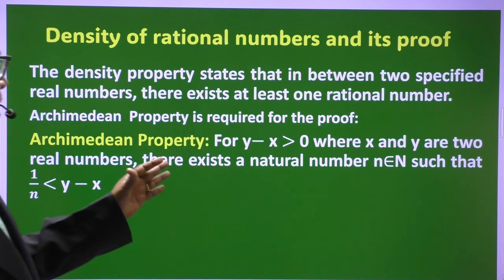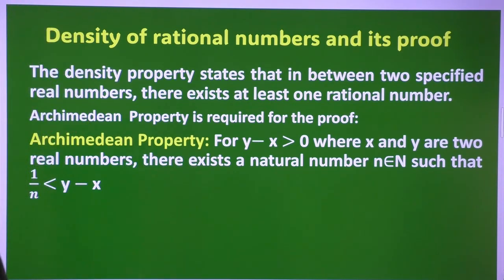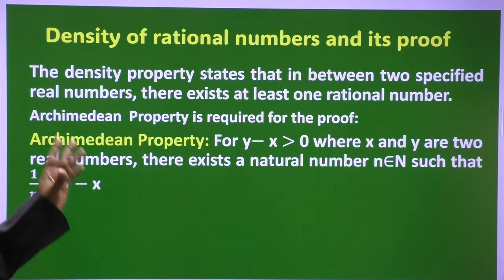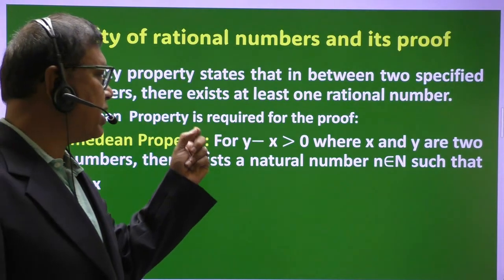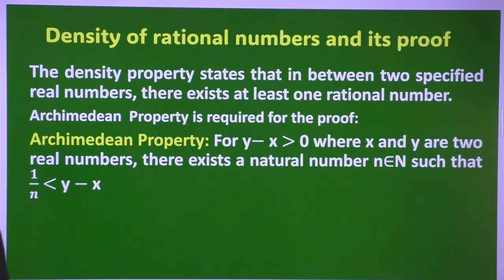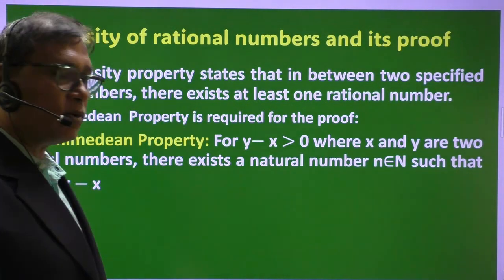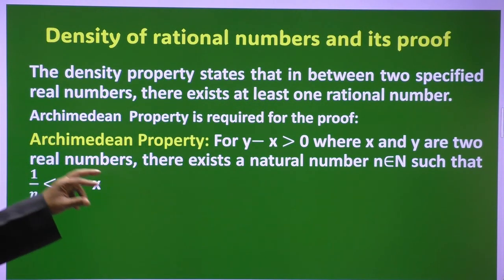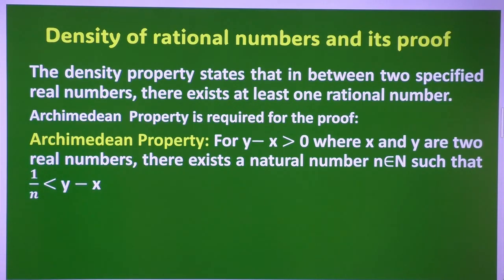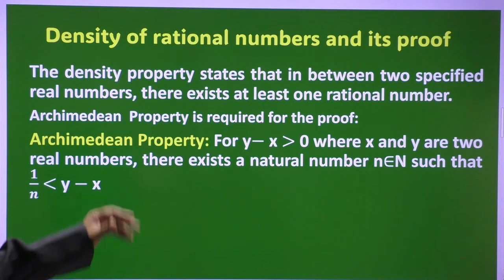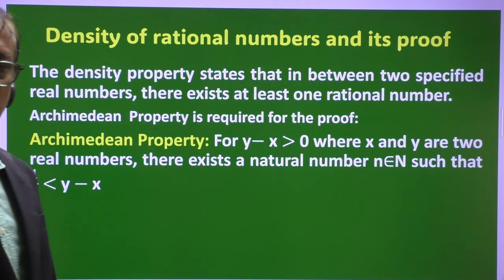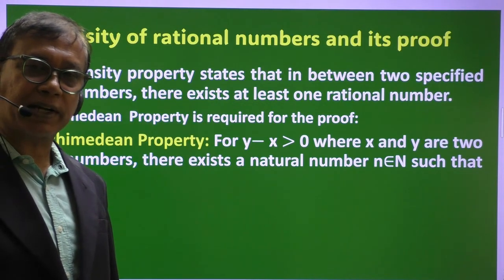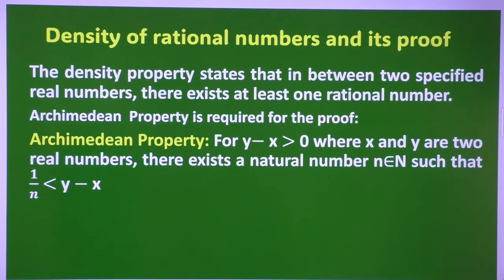So when y minus x is greater than 0, according to Archimedean property, there exists a natural number n such that 1 by n will be less than y minus x. So this is Archimedean property. We'll use this property to prove the density theorem. Is it clear?